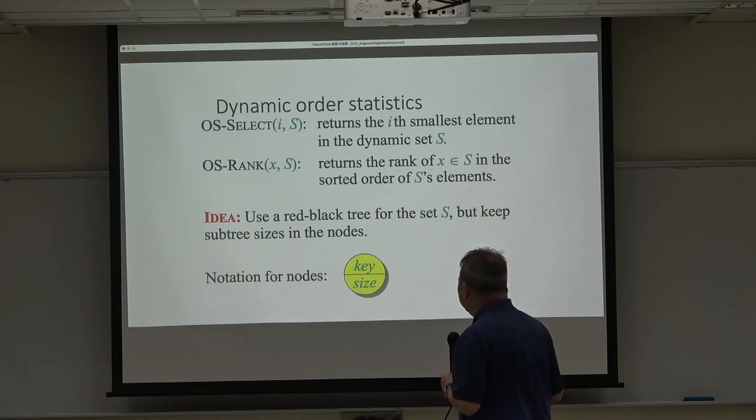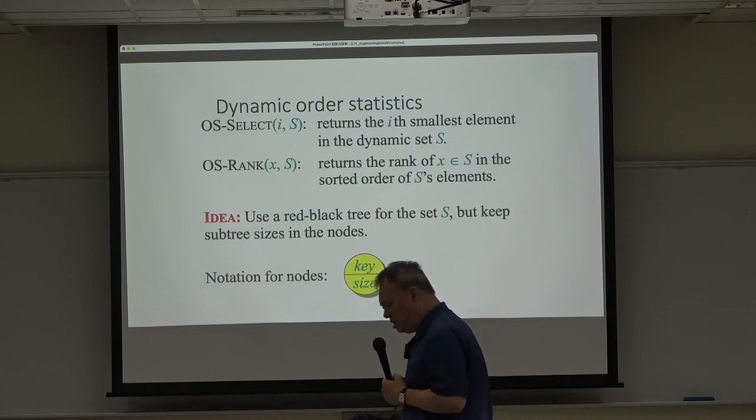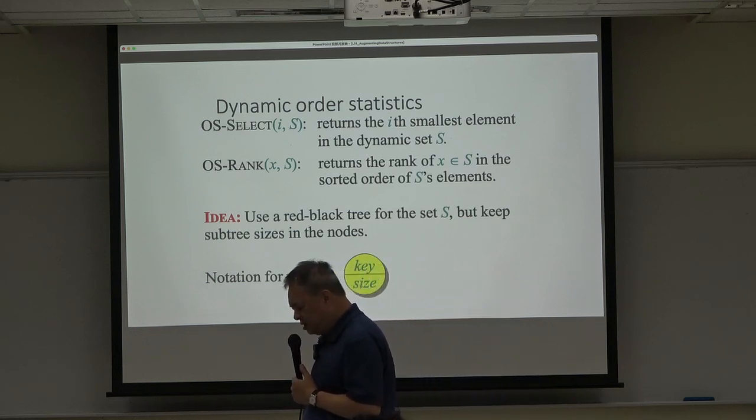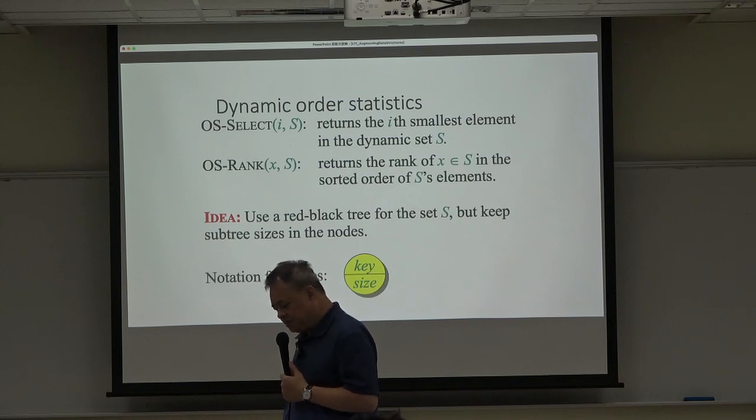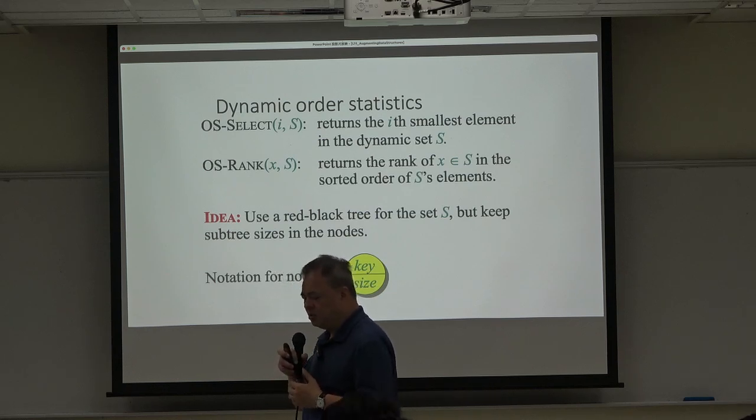We actually talked about something similar earlier. Remember, given some numbers, we want to find, for example, the ith rank, the ith smallest number from these numbers, assuming they are all different.